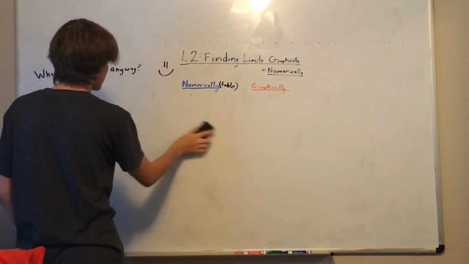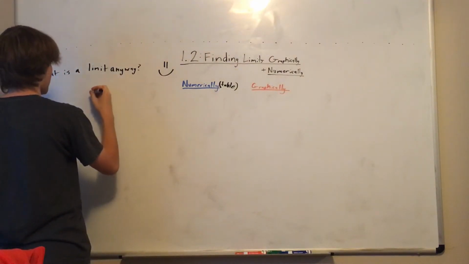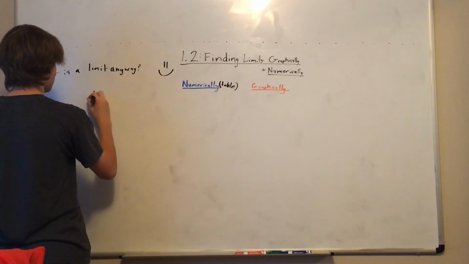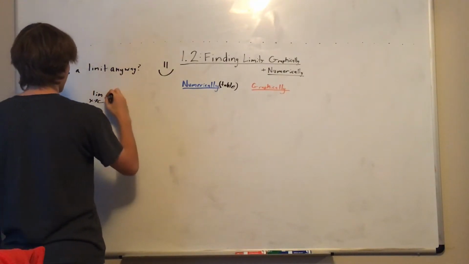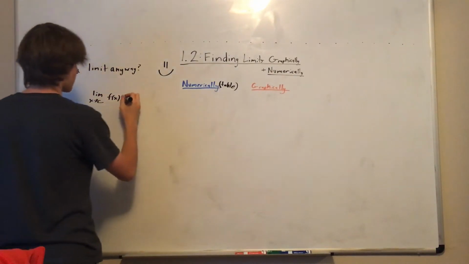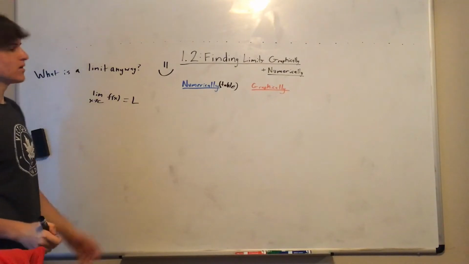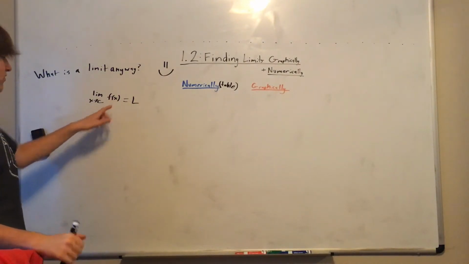I'm going to write the basic format of a limit just so you guys can see that and write it down. Limit as x goes to c of f of x. You might see this thing also called L. L just stands for limit. Limit as x goes to c of f of x.